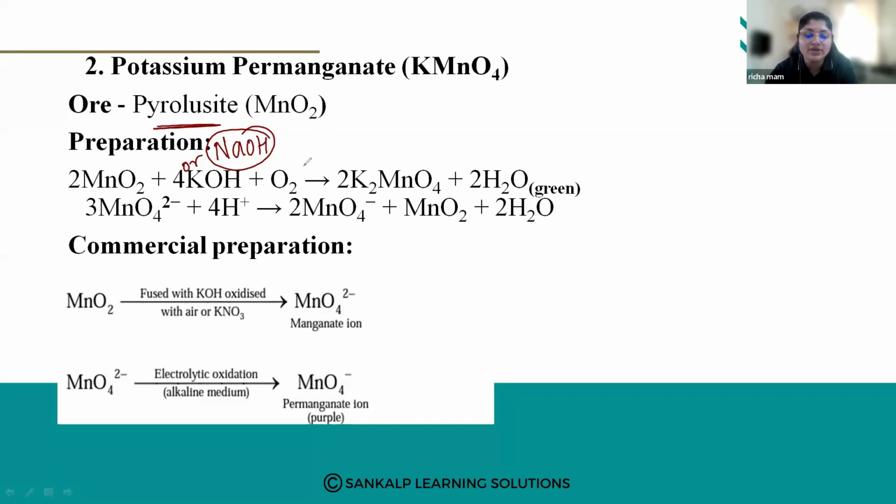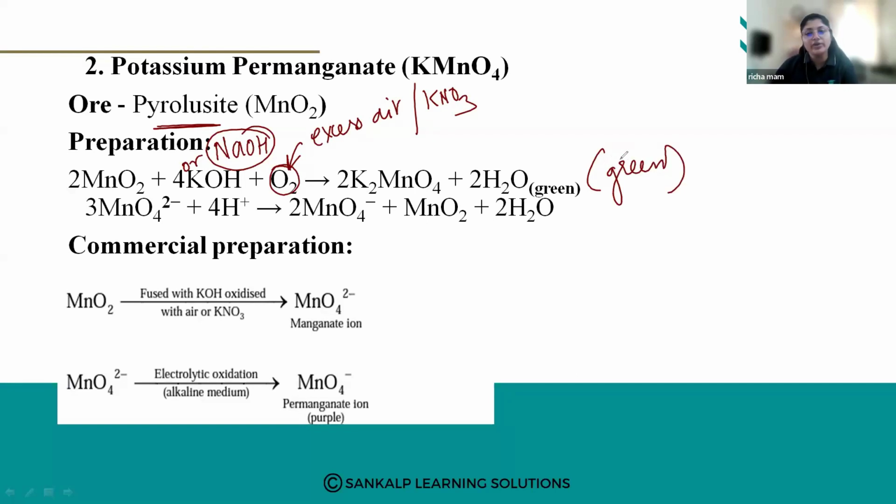And you can use any oxidizing agent; we are using excess of air itself for oxidation purposes, or you can use potassium nitrate solution. Then it will give you K2MnO4, and this is a green color solution.